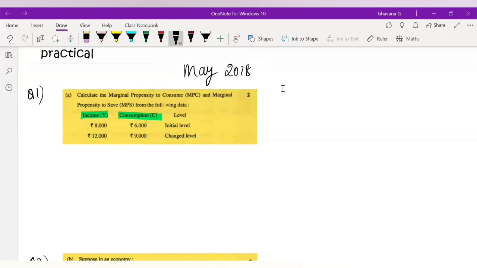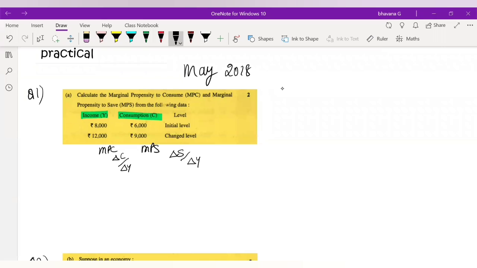So first what they have told us is to calculate MPC and MPS. So what is the formula of MPC? It is change in consumption by change in income, and the formula for MPS, marginal propensity to save, is change in savings by change in income.